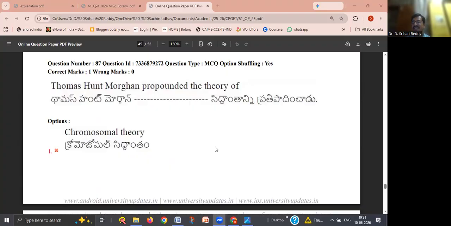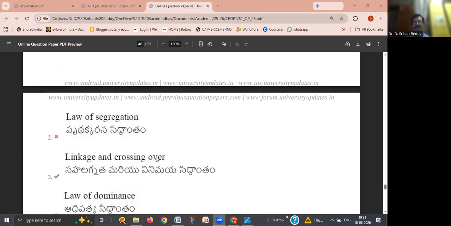The recombination between the homologous chromosomes during the pachytene stage of meiosis 1. Crossing over takes place between the homologous chromosomes during the pachytene stage of meiosis 1. So that is about crossing over.